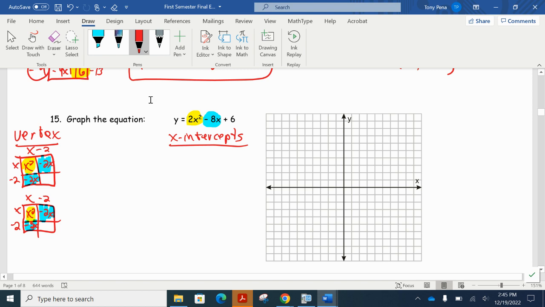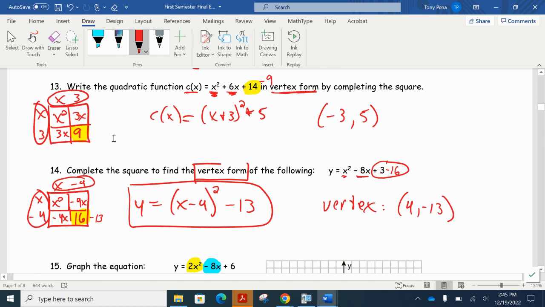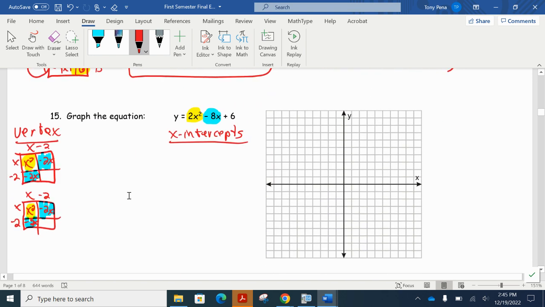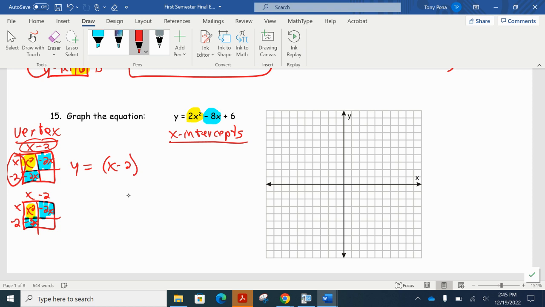So when we go to put this in vertex form, just like we did in 13 and 14 up here, you're going to go ahead and do y equals, and what we see is we have x minus 2 times x minus 2. But notice how we have that again down here. So we have this twice. We have 2 of those, and that's why we drew 2 rectangles.